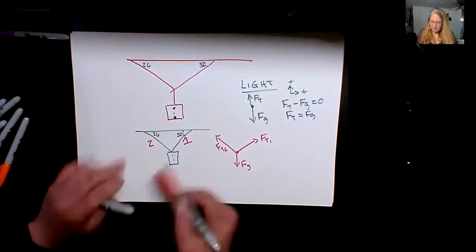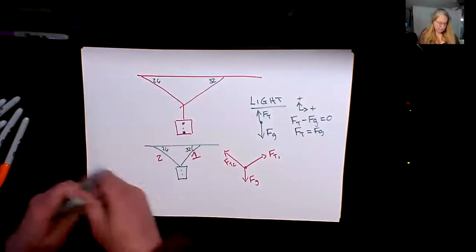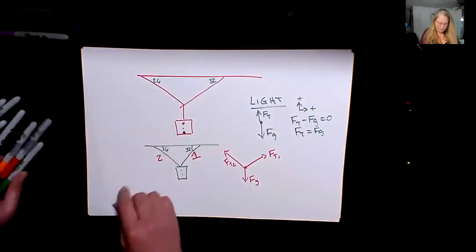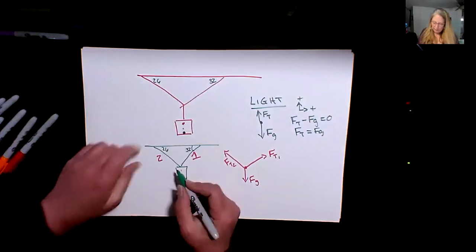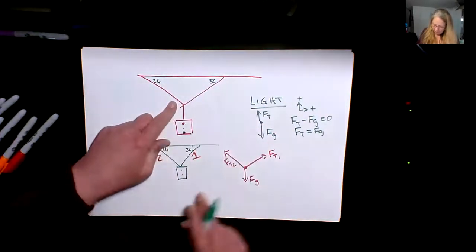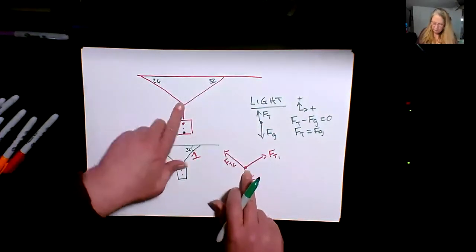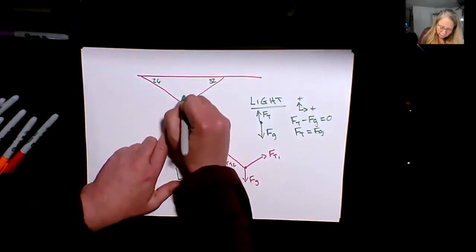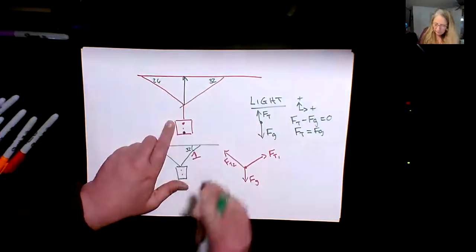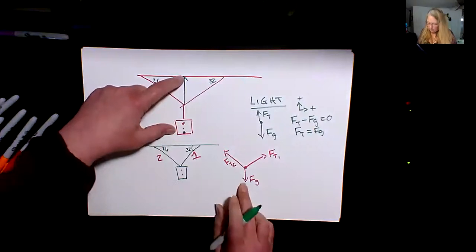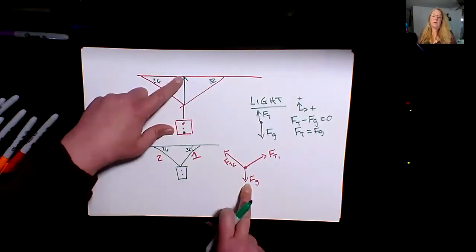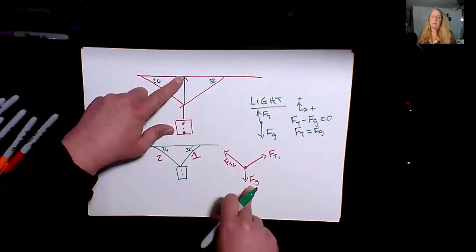The other thing I can tell you, though, is if I look at this picture, let's see, what do we have going on here? I have a y component from this. So my y component from both is going straight up. These two y components are going to sum to the gravity component because the gravity is all in y.